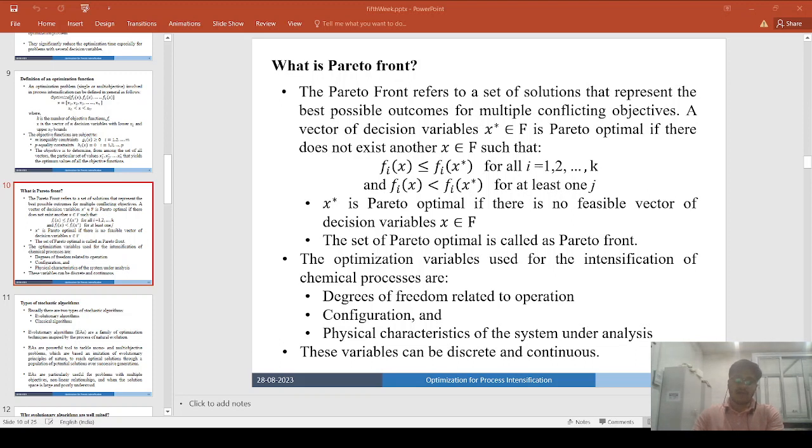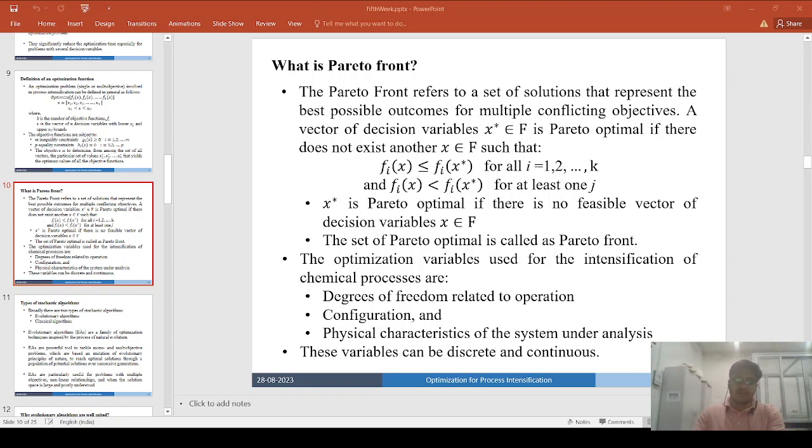There the Pareto front will represent a subset of those vectors, where these objective functions would be dependent upon the x star values, and these x star values represent the Pareto optimal if there does not exist any other x for a given element of F, such that the given objective function for any x value other than x star is less than or equal to that of x star.